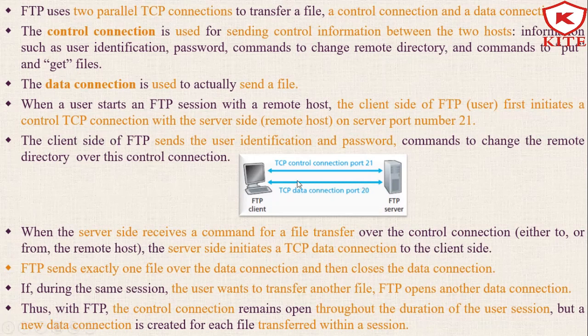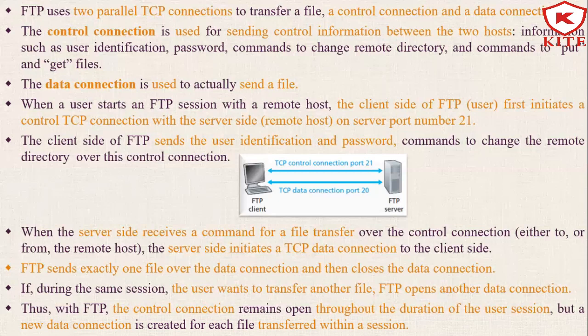This information includes the user identification, password, commands to change the remote directory, and commands to put and get files. Then the data connection is used to actually send the file.